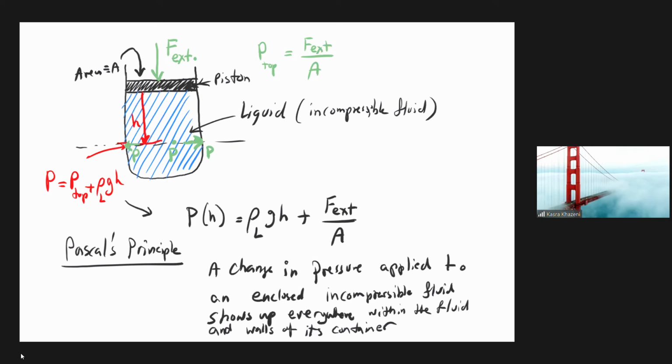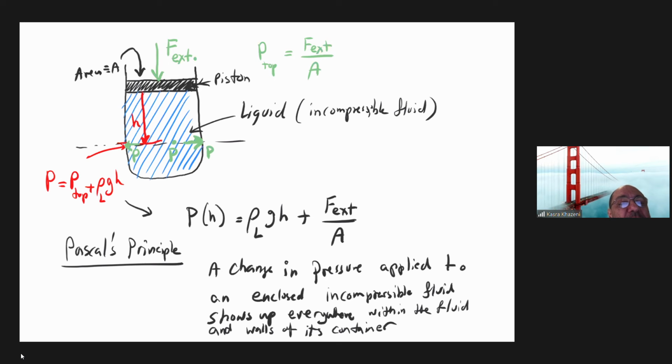It's sort of obvious, but somehow Pascal's name is attached to this. So we can actually use this to build real devices that do a lot of heavy duty work for us.